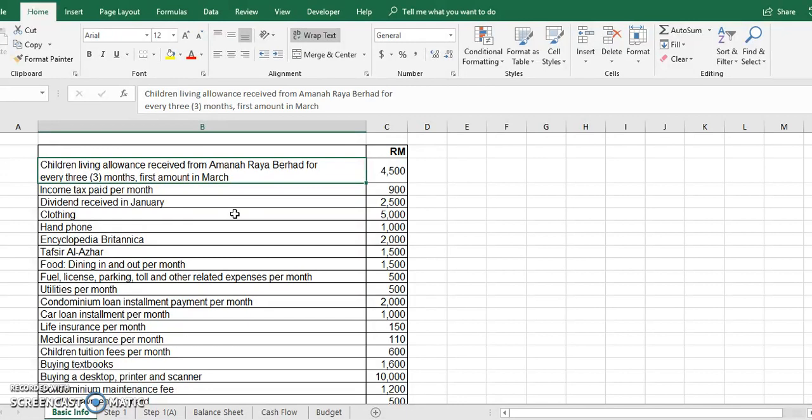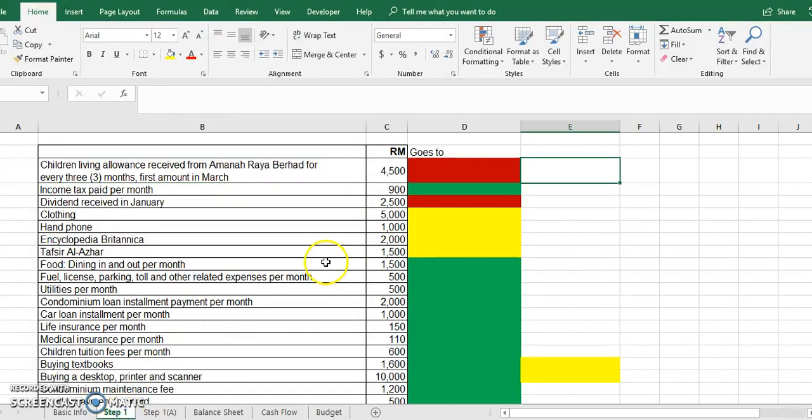But here, in the case of personal finance, normally for the statement of net worth, the asset side is classified into current asset, followed by lifestyle asset and investment asset, whereas the liability side will be the same, which is current liability and long-term liability. So without further ado, let's focus on this one.